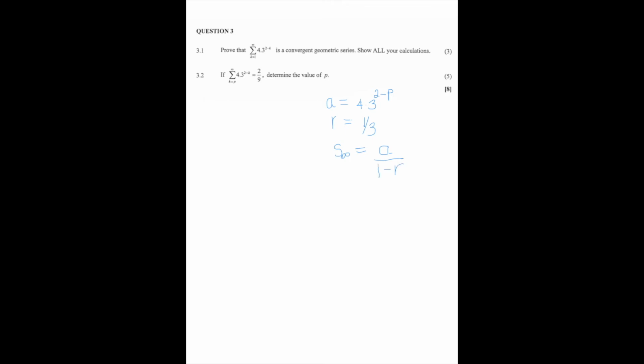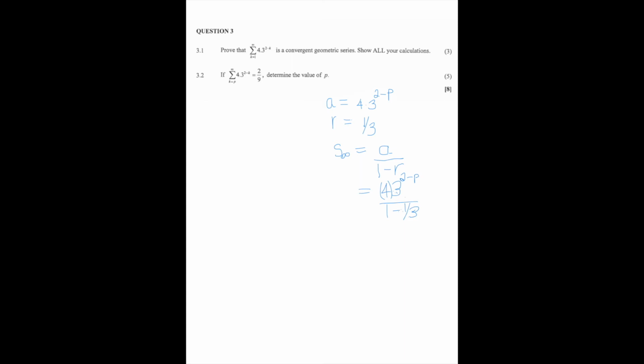Now if we substitute the values of a and r, a is 4 times 3 to the power of 2 minus p, and that will be all over 1 minus r, so that would be 1 minus 1 over 3.